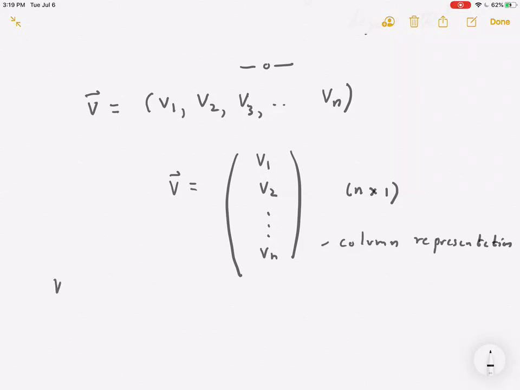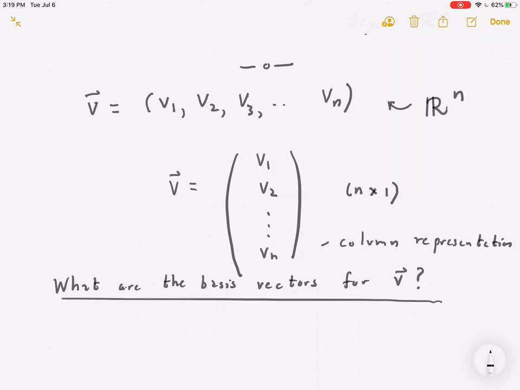So the next logical question you could ask is, what are the basis vectors for V? So this is a vector in n dimensions, where that R tells the audience that all those components are real scalars.